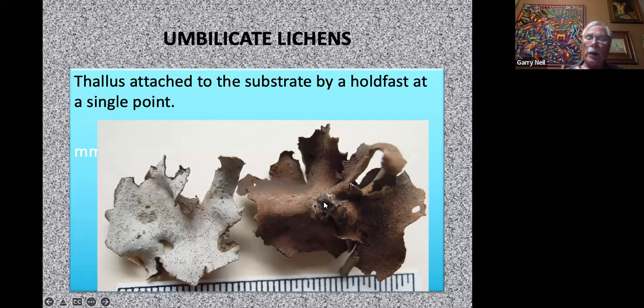So again, it's almost like a mushroom, but it's not, of course, because there's no gills or anything else underneath. But instead, you have these lobes that will be projected out from this point as they grow. You'll find these mainly on rock, mainly in shaded areas or underneath overhangs of rock.